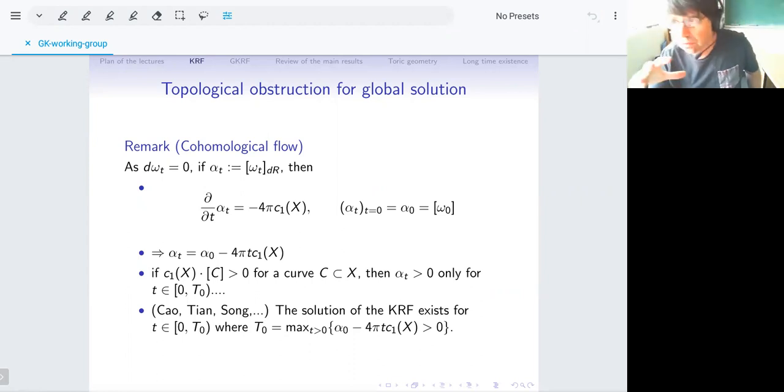So this shows that in general, this Ricci flow is bound to exist only for some amount of time.